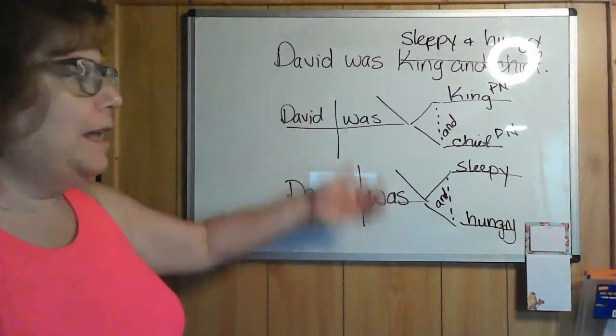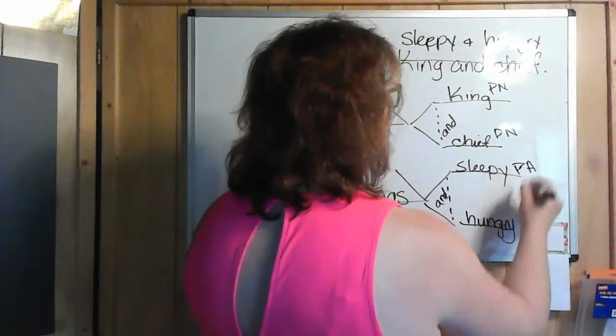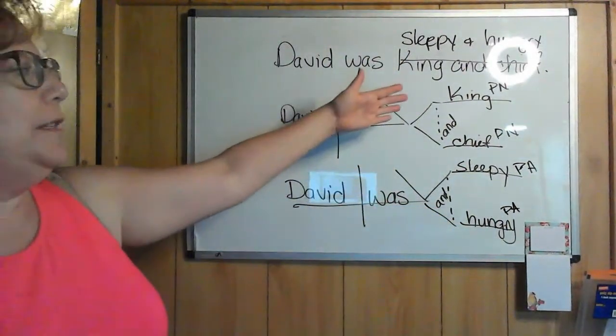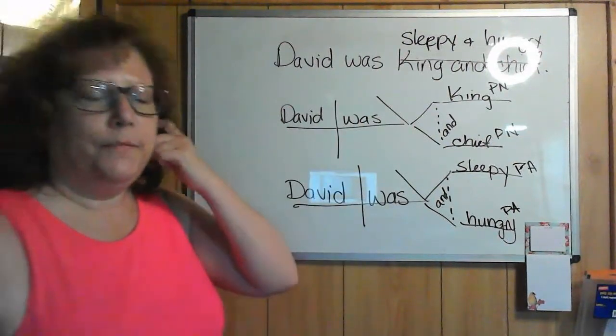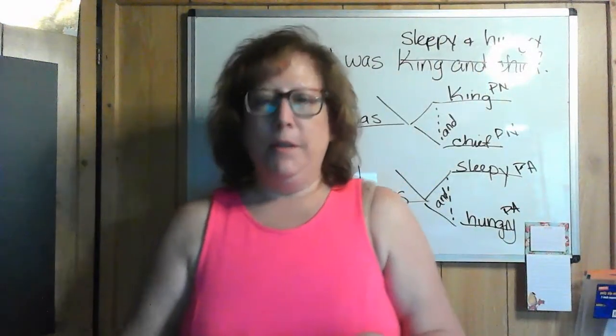It's the same formation. It's just that these are predicate adjectives now. So you've got predicate nominatives up here, predicate adjectives down here, but the diagram is just the same. So remember that your diagramming really doesn't change.